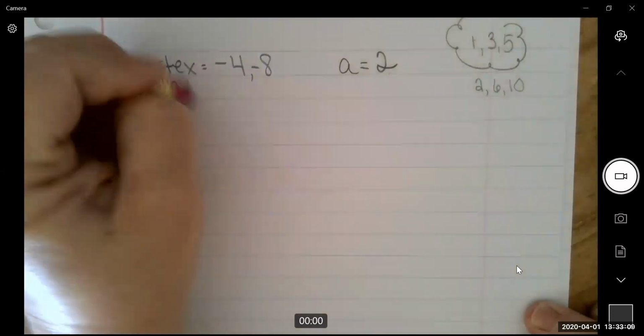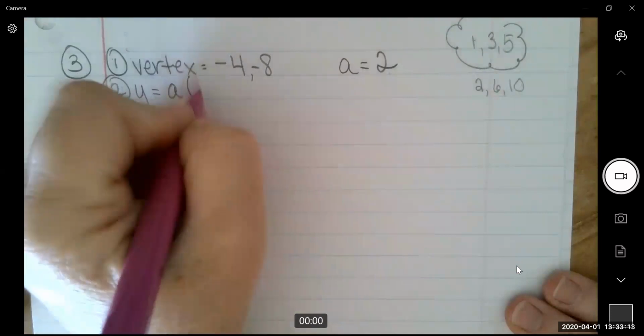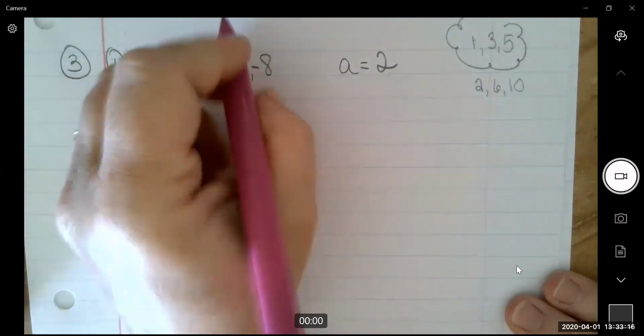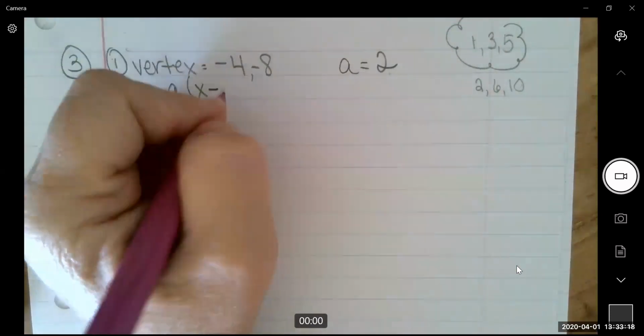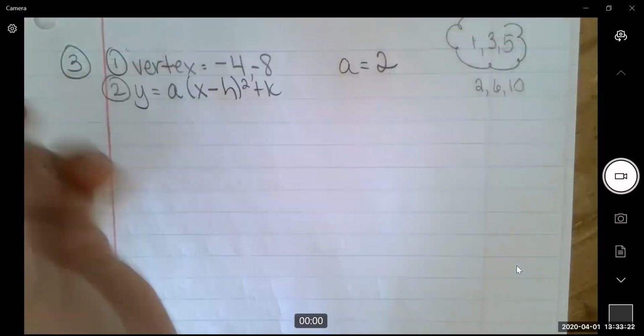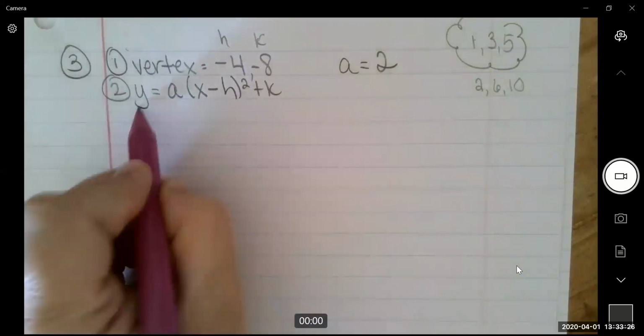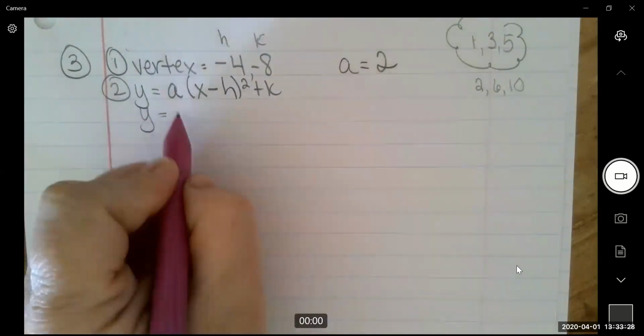Now let me start back here. A times x minus h squared plus k. There's my h, there's my k. So we identified our A.